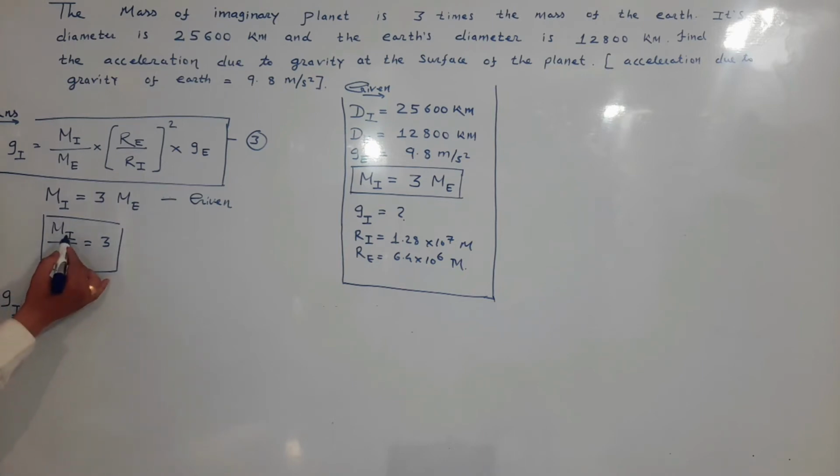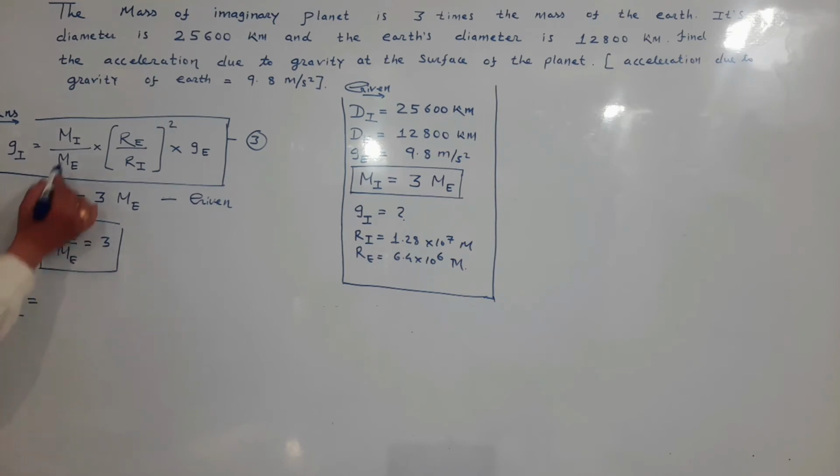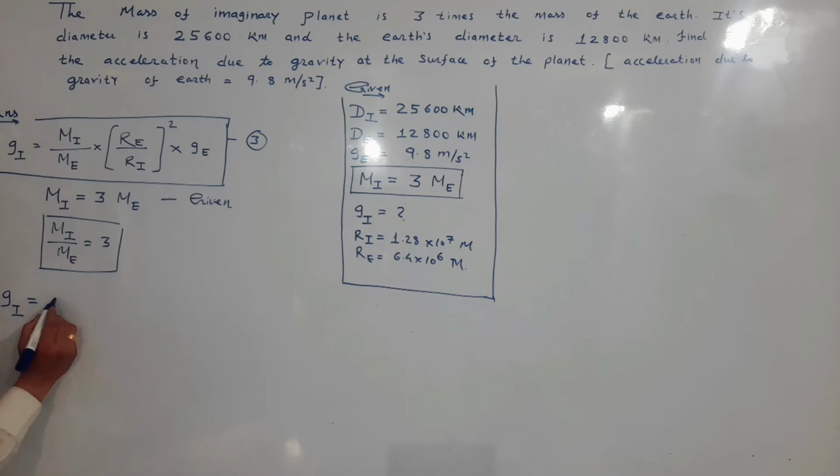Gi is equal to Mi upon Me is 3. So in place of Mi upon Me we will put 3 into Re.